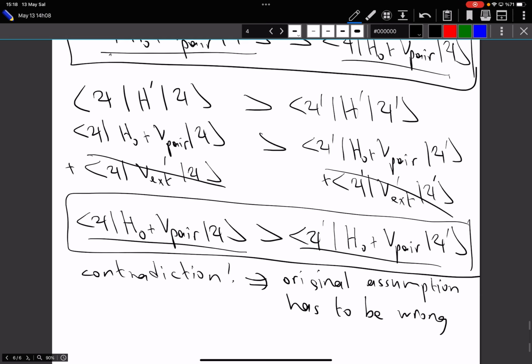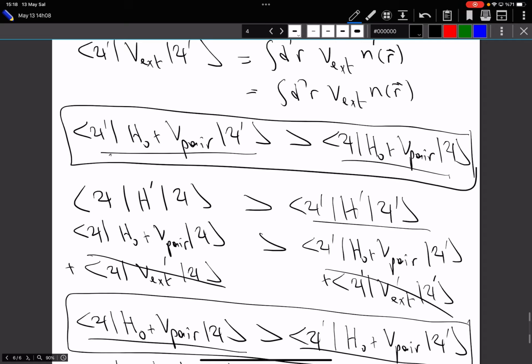How did you write this? Yes, which one? This one. I thought it should be the opposite, not bigger but smaller. You see, if you have a Hamiltonian, you take the expectation value of that Hamiltonian in an arbitrary state. That is larger than the expectation value of that Hamiltonian in the ground state.